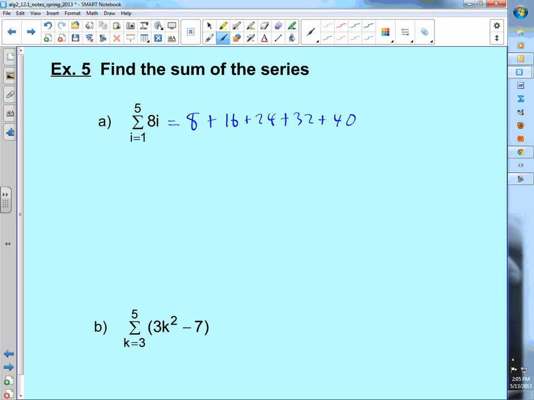And when you added them, what did you get? 120? Are you sure it's 120? I missed the beginning of the lesson a little bit. We noticed that. We're glad to have you back. But when you added these up, you got 120. Anybody get a different sum? 123. Anyone get a different sum from that?